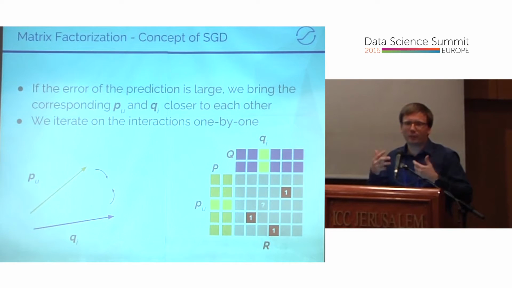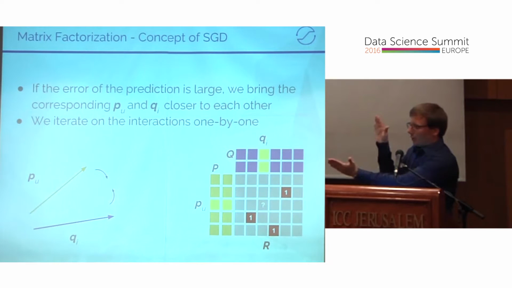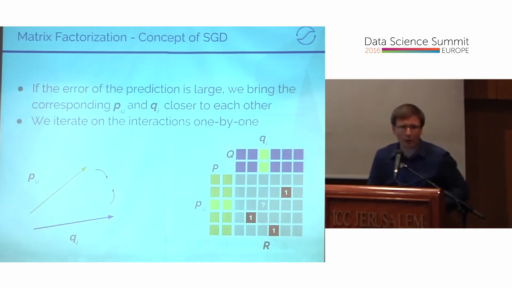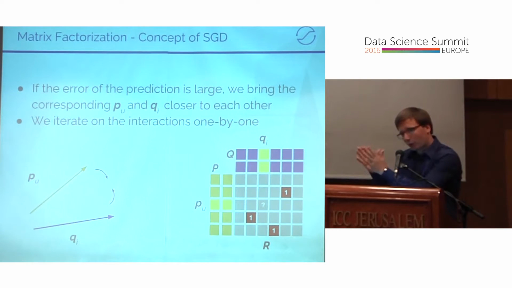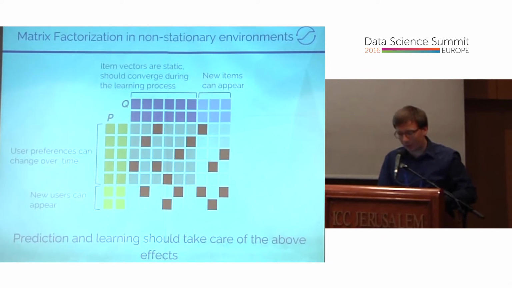If you observe that not, so your error was large and you couldn't predict this interaction, then you start to get these vectors closer, okay? This is the concept of SGD learning in case of matrix factorization. When you observe an interaction, you check the two vectors corresponding to this interaction and get the two vectors closer to each other. All right.